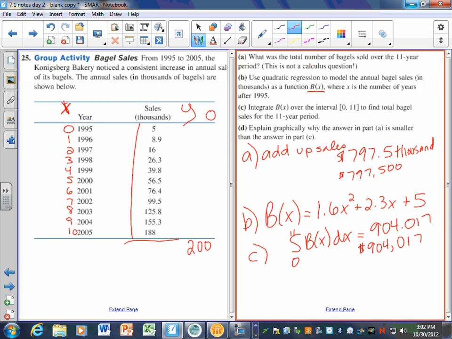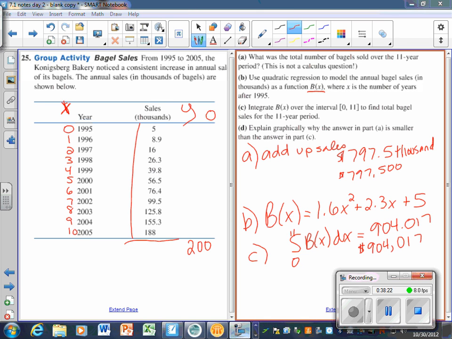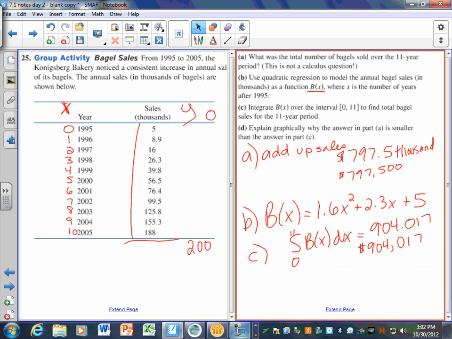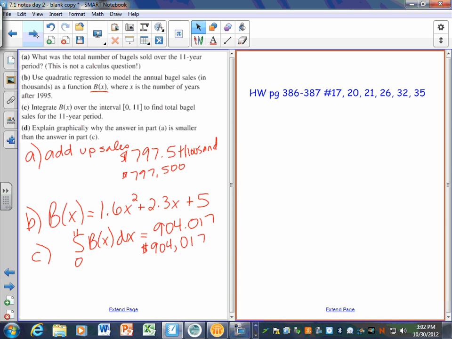So I wanted to show you that stat thing because I thought it was kind of cool. This is your homework. I don't think there's any on your homework that you have to do that stat stuff. I just wanted to show you it.